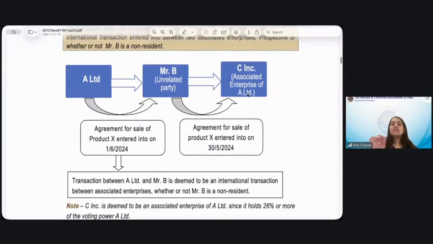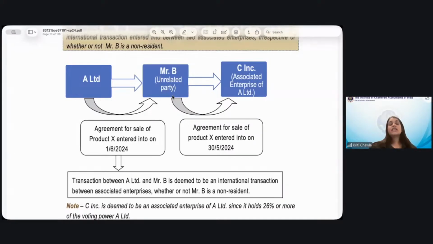This is where we'll say that the transaction between A and B is a deemed international transaction. Why is it a deemed international transaction? Because A entered into a transaction with B so as to circumvent transfer pricing provisions, because B already had a transaction with the associated enterprise of A Limited. This is the reason we'll say that A and B, this is also a deemed international transaction.